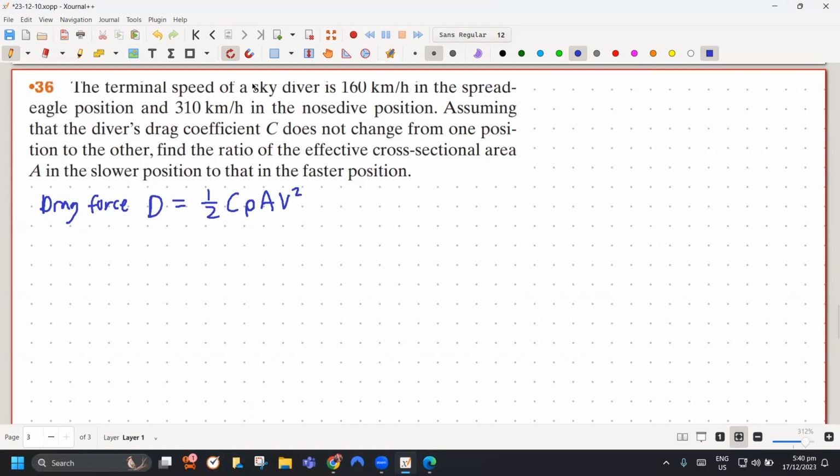There is an area associated with 160 kilometers per hour, and an area associated with the terminal speed of 310 kilometers per hour. So first, let's set up the expression for the terminal speed in terms of those constants.